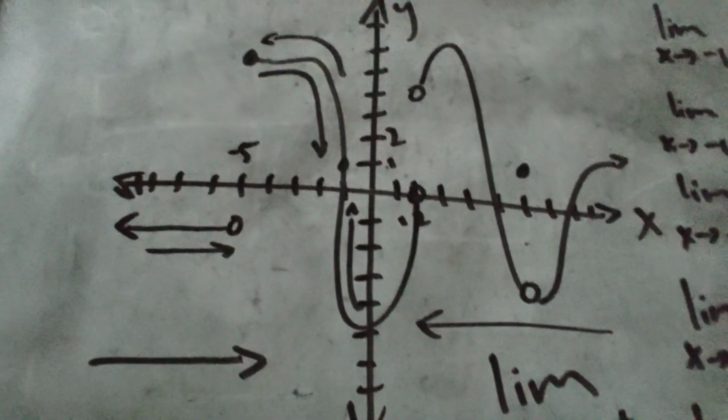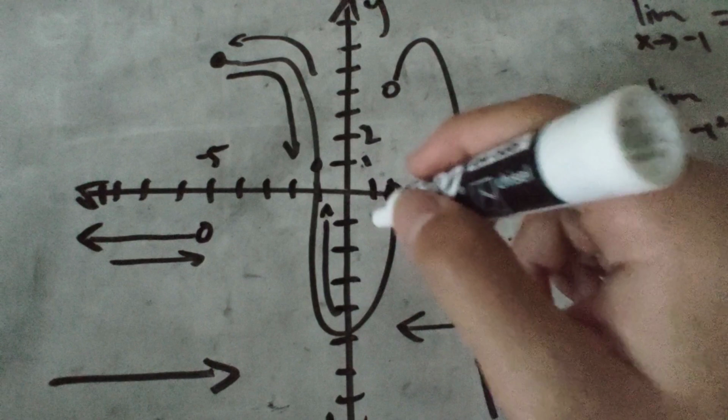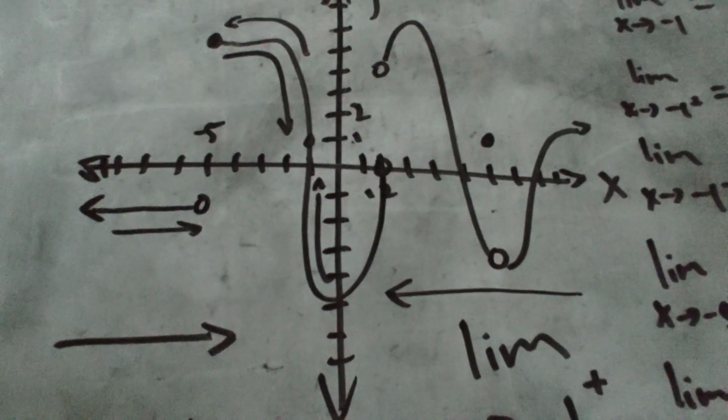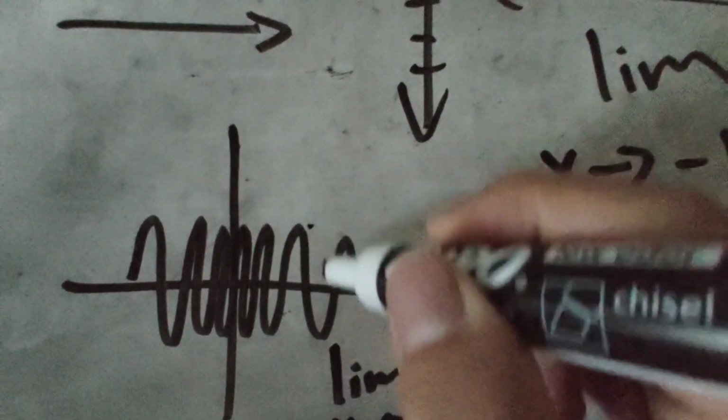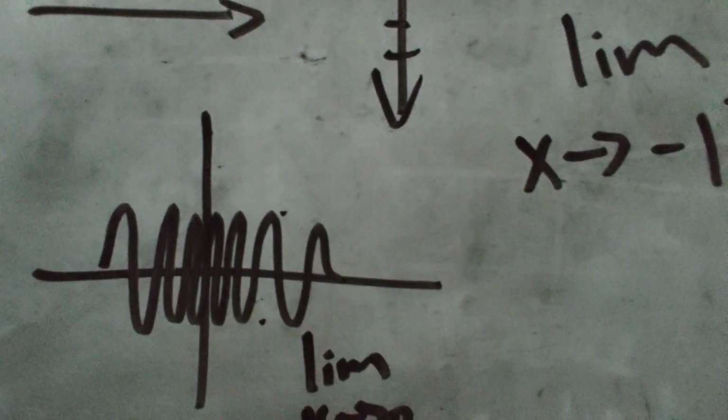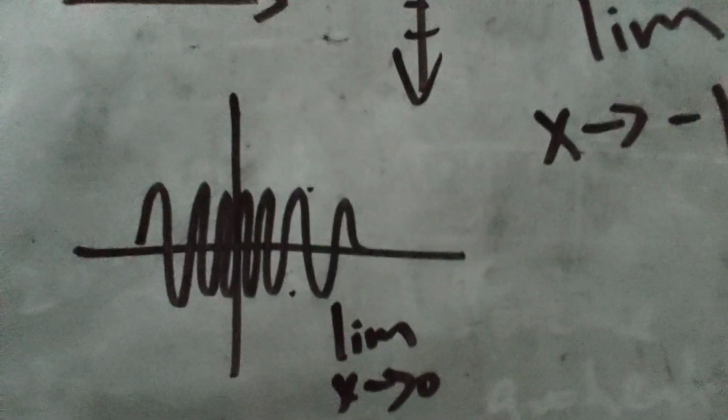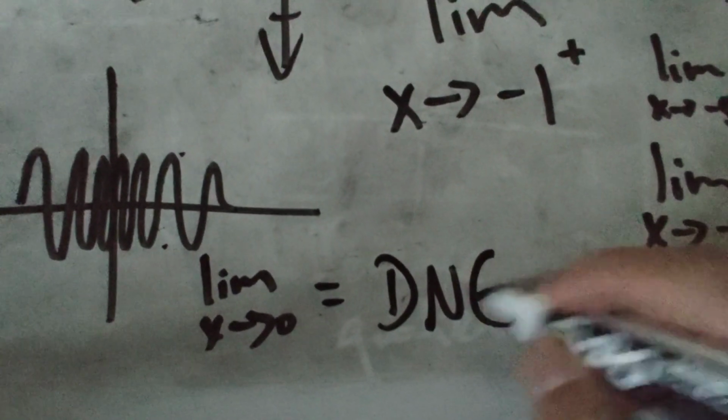If you take a look over here, when x is approaching -1, you can see there's a definitive value going there. But if you look over here at the sinusoidal, it's always going to go up and down between the maximum and the minimum value. So there's not going to be a definitive value as x approaches 0. So what we put here is that the limit does not exist.